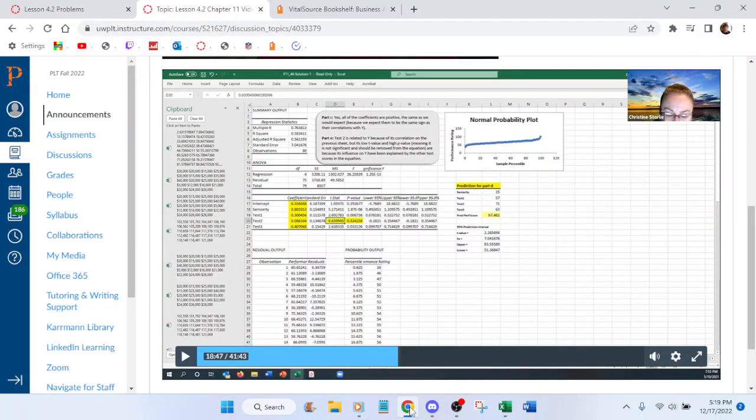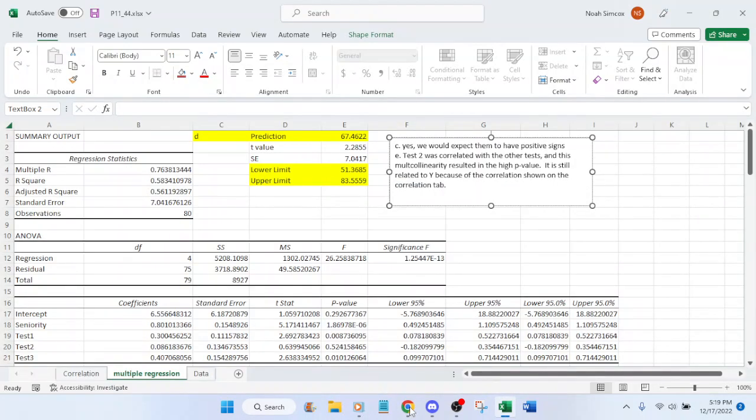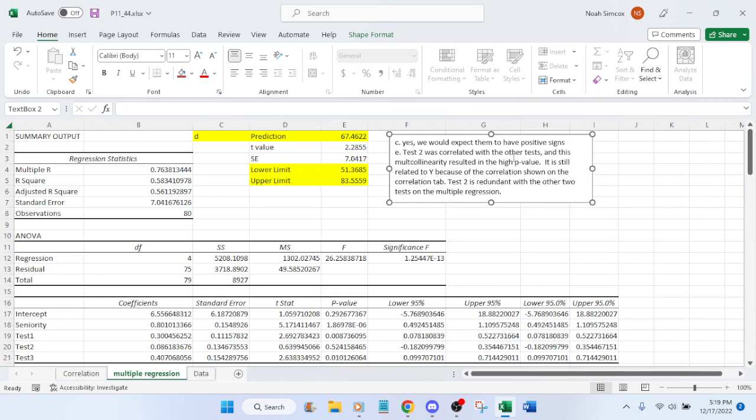I'm an idiot. Test 2 is redundant with the other two tests on the multiple regression. And then F, I'm just skipping because it says I can skip. And we're done with that.